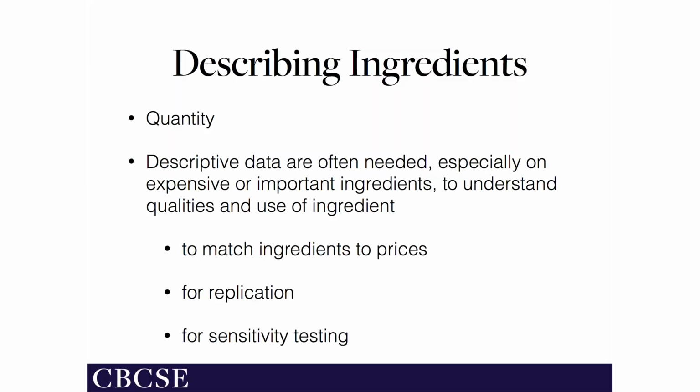This really is a mixed methods approach because we need those descriptive data. We need to understand the context. We need to be able to match these ingredients to prices. So for teachers, for example, if we know that a particular intervention, maybe the way that it works is related to a teacher's quality, broadly speaking.